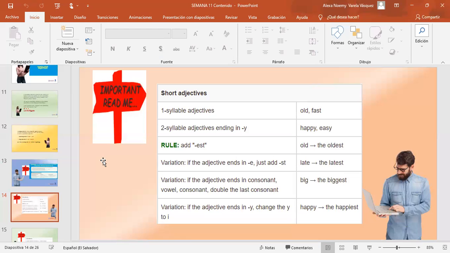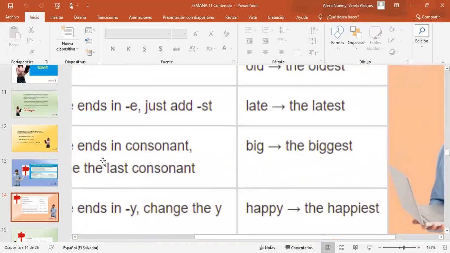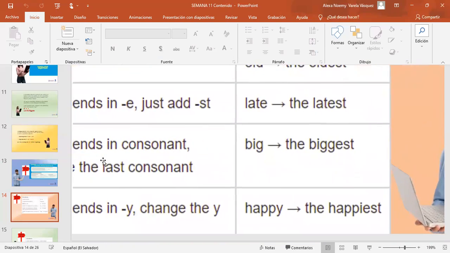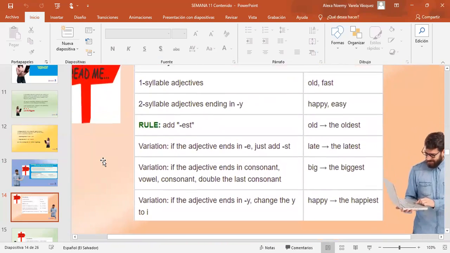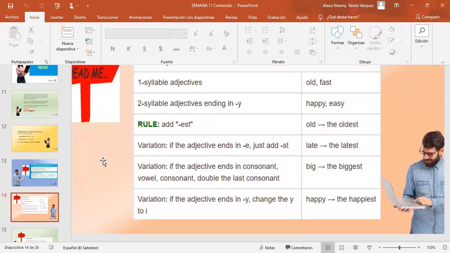We need to double that consonant, guys, as in this example here, the biggest. Then we have another variation: if the adjective ends in Y, like I said before, we change the Y to I.